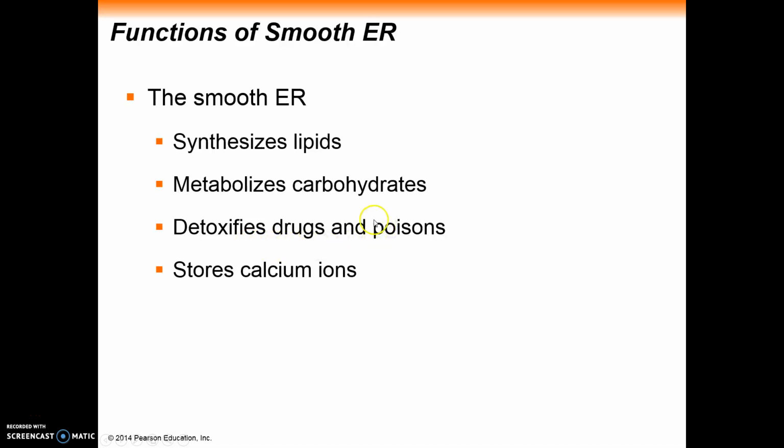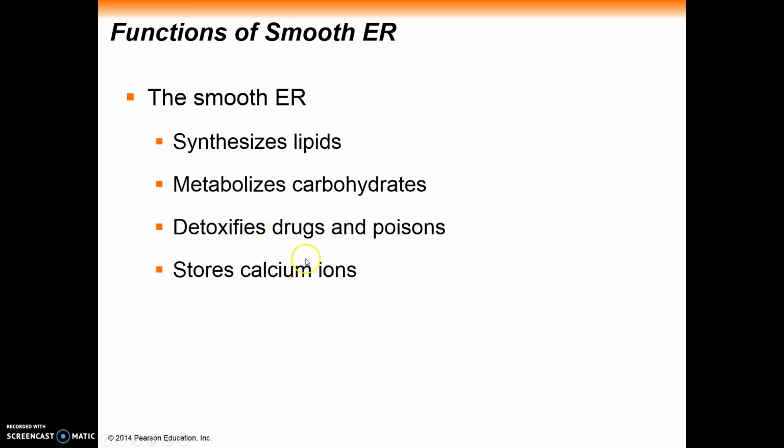We see various enzymatic reactions, so oftentimes when the cells are producing things, there might be intermediates along a pathway that are toxic, or we produce some of our own waste material.